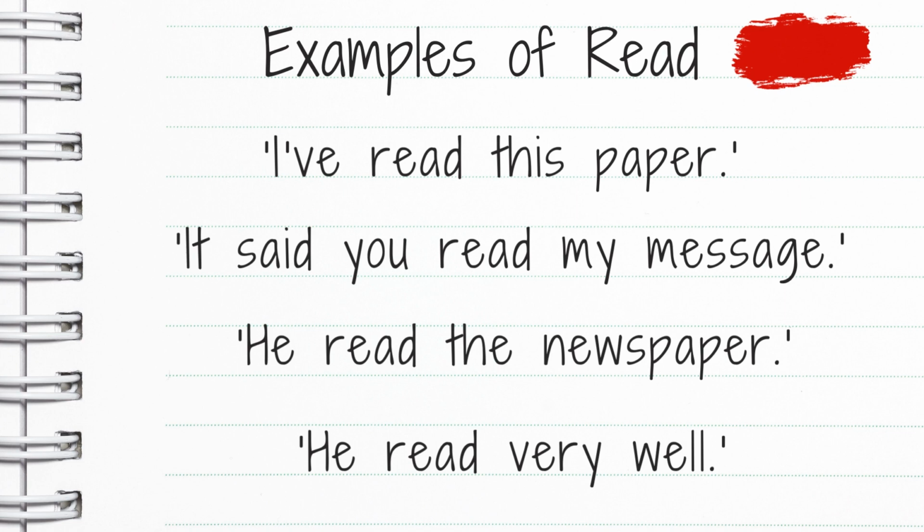So I guess it could technically be happening now, but if we were using that in speech, we would say he's reading the newspaper. So he read the newspaper could be happening now, like perhaps in a novel or something. And then, like, he read the newspaper and tossed it to the side. He was done with it. And he read very well.